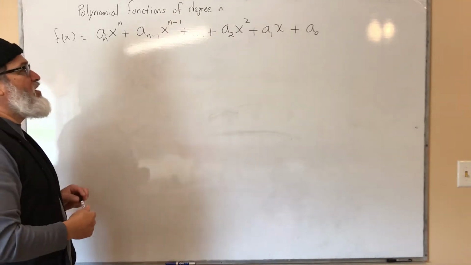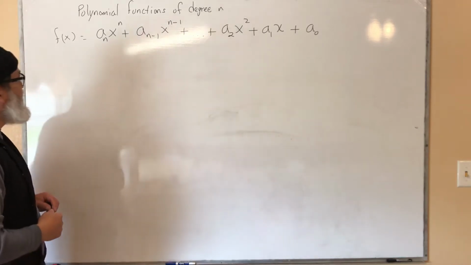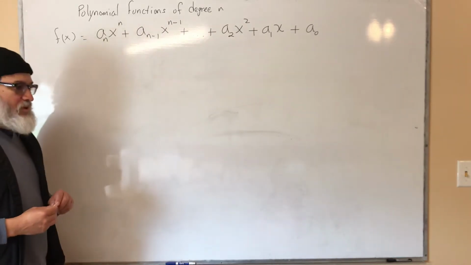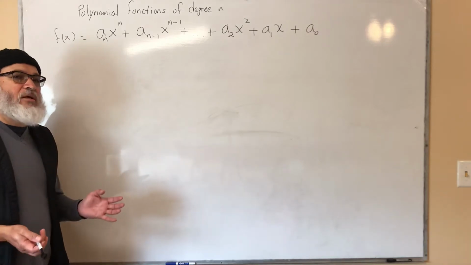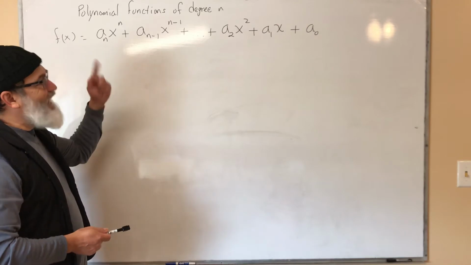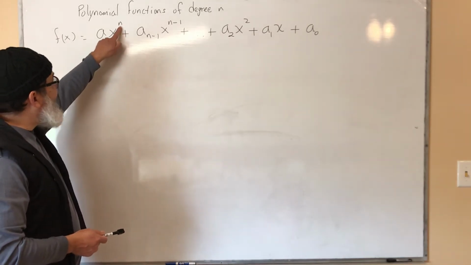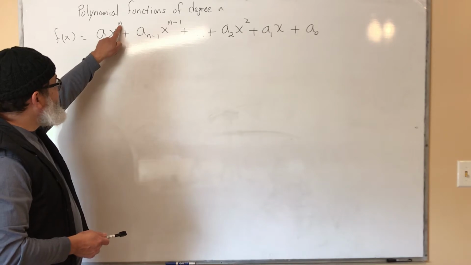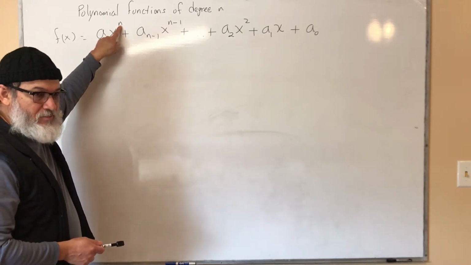Note we're using the variable x. By this time we know what the degree is. We call this a polynomial function of degree n because the power of this variable is n. So the greatest power is the degree.